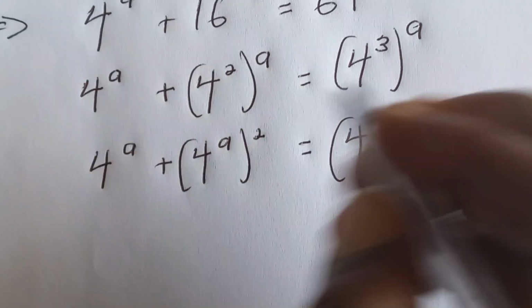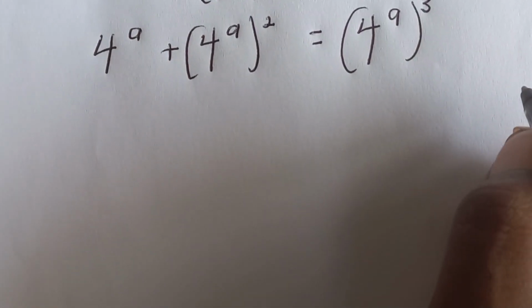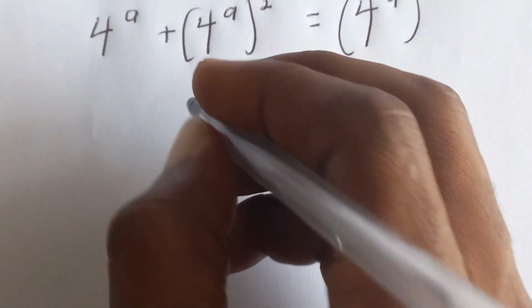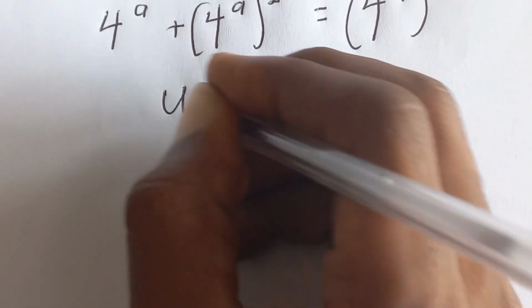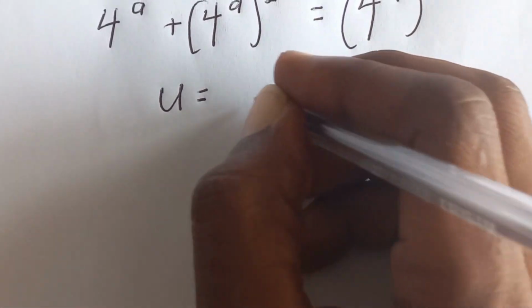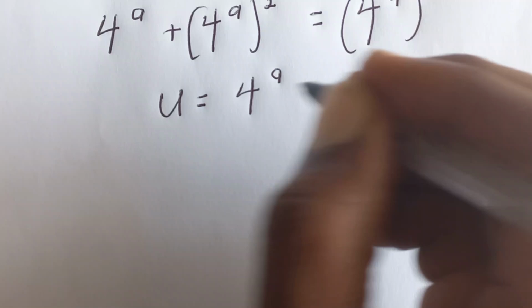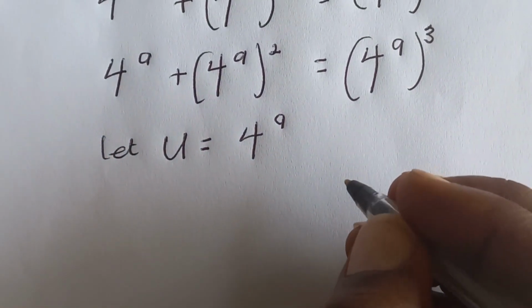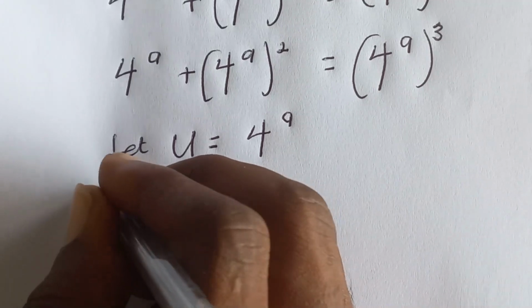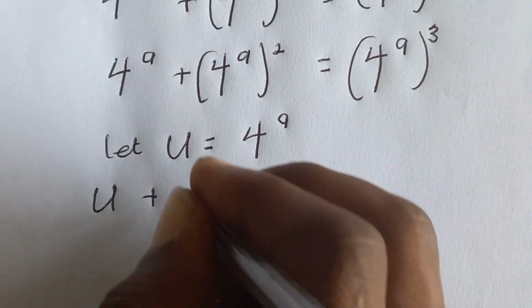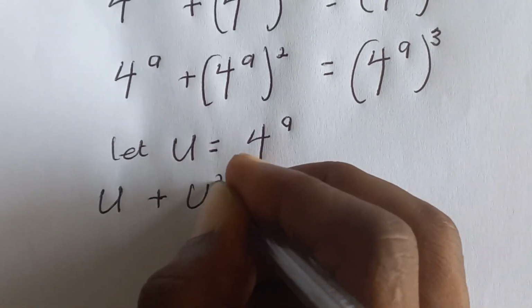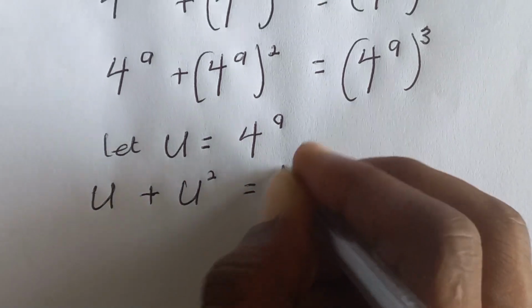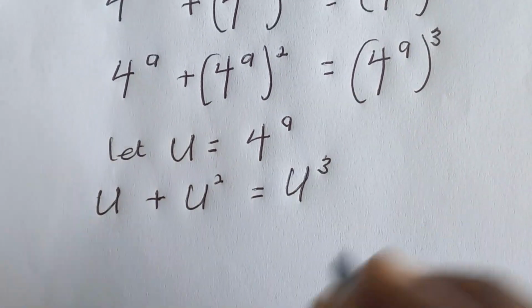With this, we can also let u be equal to 4 exponent a. Okay, we let u be equal to 4 exponent a. So in this case, we have u plus u squared is equal to u exponent 3.